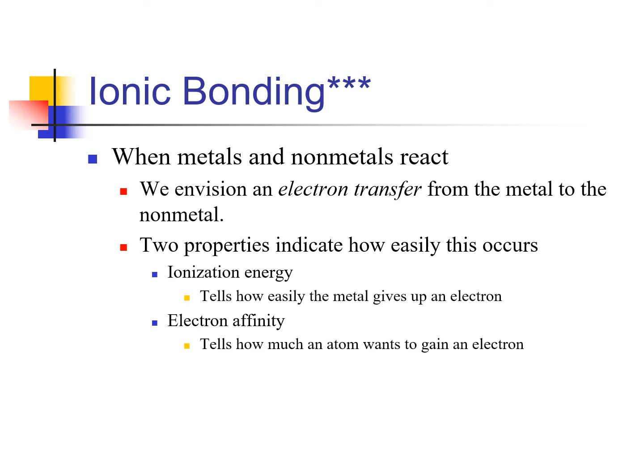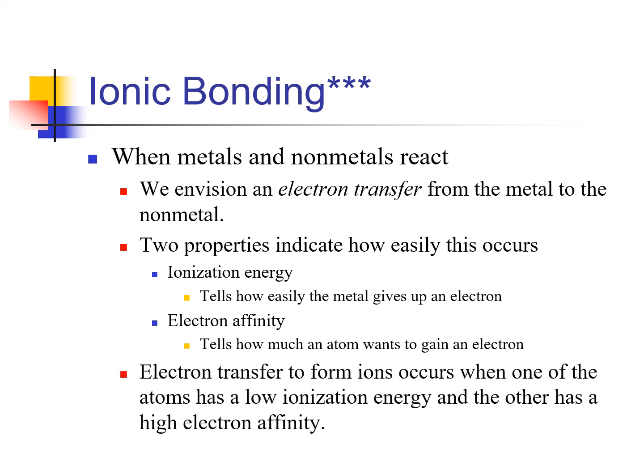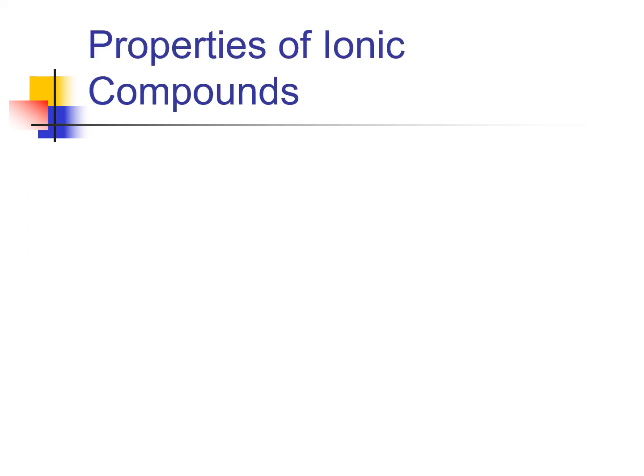And these 2 together kind of give us an idea of what's going on in this electron transfer. So electron transfer to form ions is going to occur when one atom has low ionization energy, which means it easily gives up electrons, which by the way is metals, and the other has a high electron affinity, which means it very readily takes electrons, which would be nonmetals.